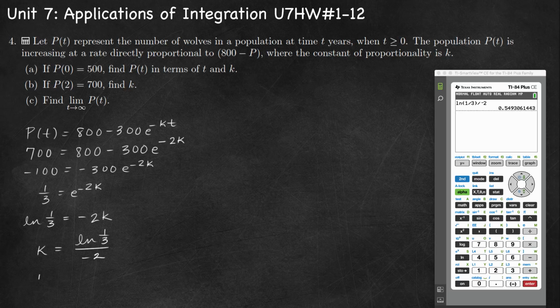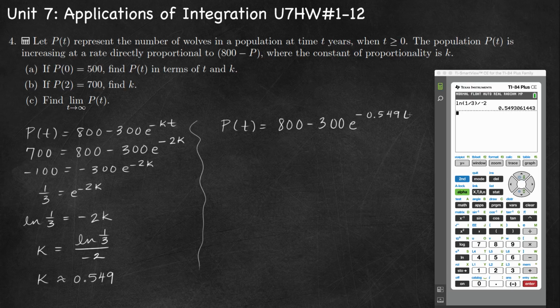So k is approximately 0.549. Now we can put that value of k into our equation. So we have p of t equals 800 minus 300 e to the negative 0.549t.